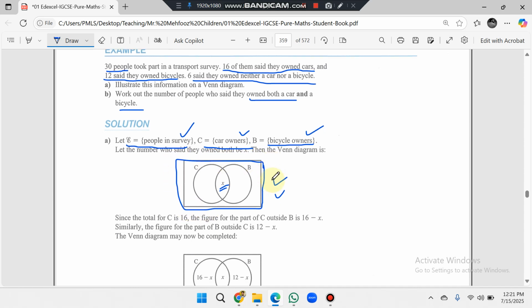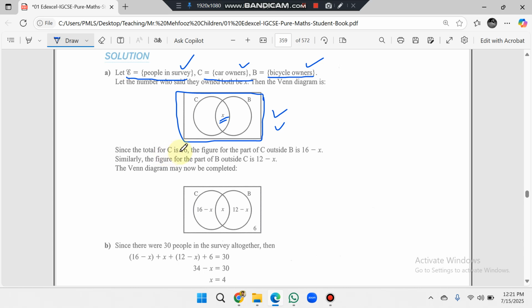Yes. Okay. The next one is, since the total for C is 16, we subtract x, because the total number of set C is 16 in which x are overlapping.